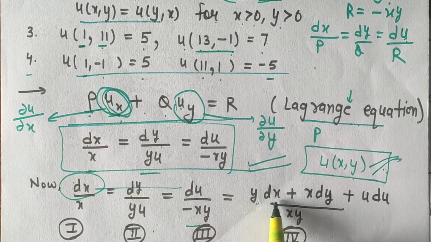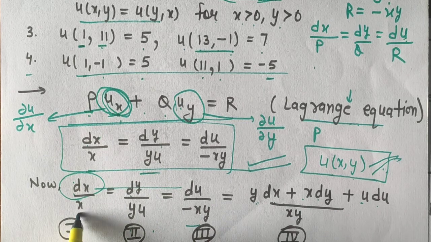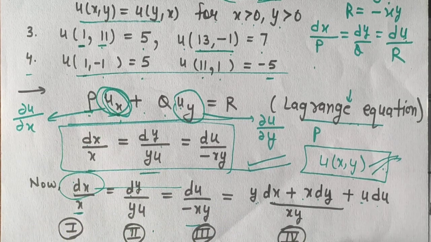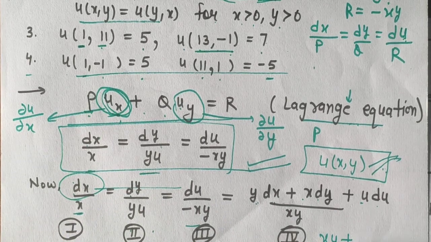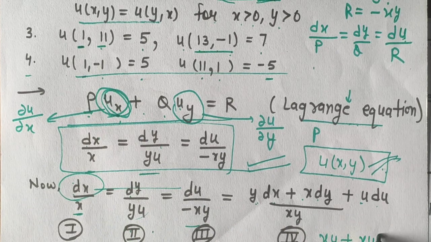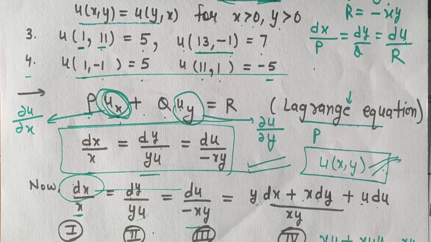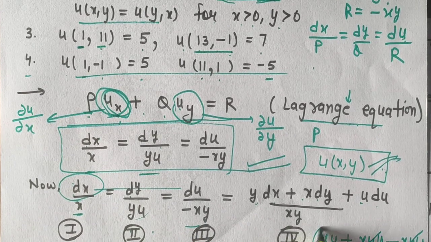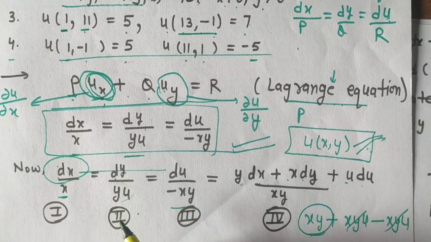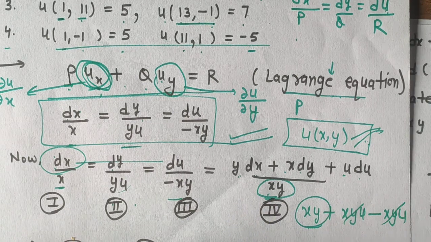This becomes y dx plus x dy plus u du. If we multiply this by y, then this becomes xy, plus this multiplied by x, then this becomes xyu, and this multiplied by u, then this becomes xyu. If we cancel, the remaining term is xy. So in the numerator this value occurs, xy.